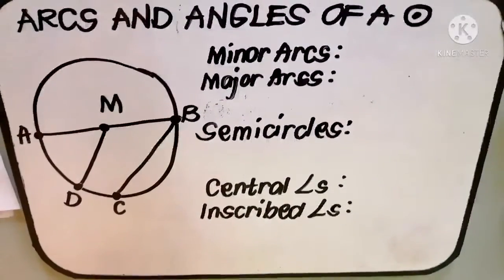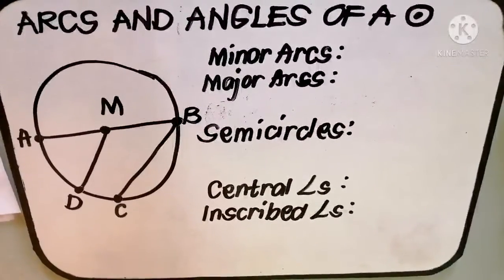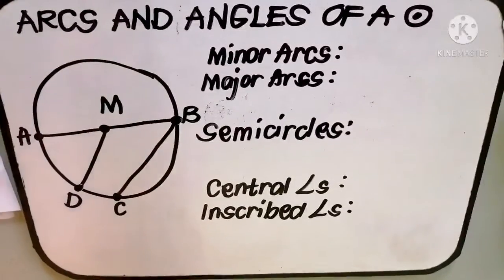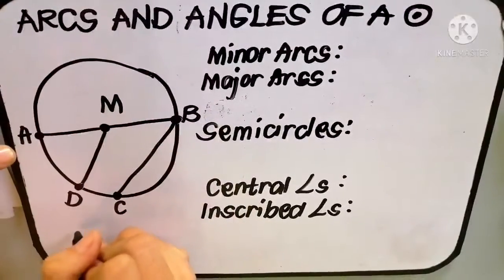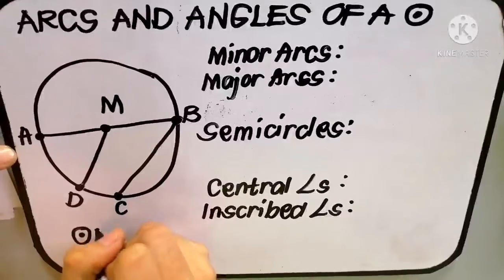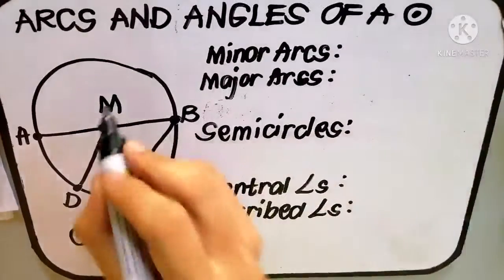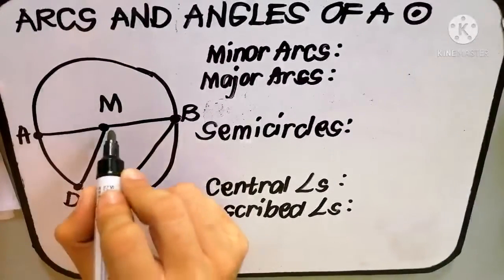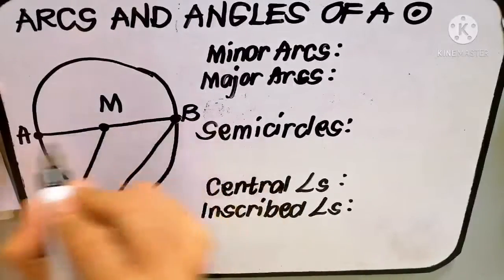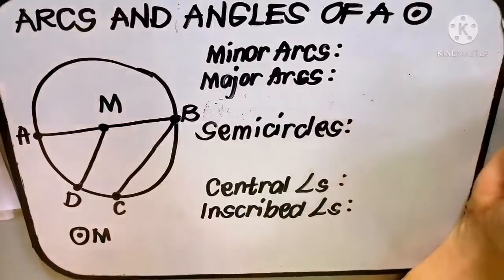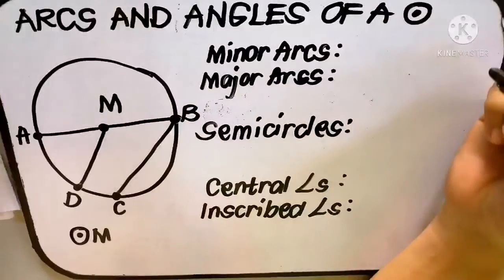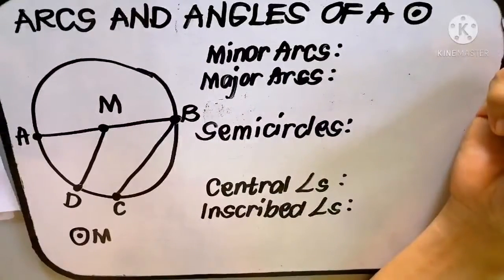Now this time, let us discuss arcs and angles of a circle. Given circle M, the name of the circle is circle M. Of course, the center is M with radii AM and MB and diameter AB. Now let us identify the different arcs. An arc is defined as a part of the circumference of a circle.